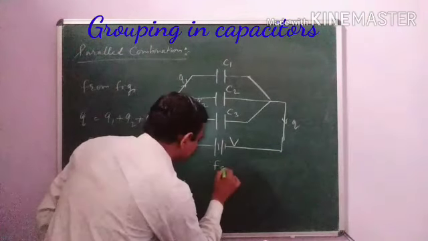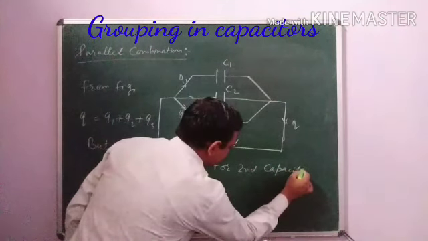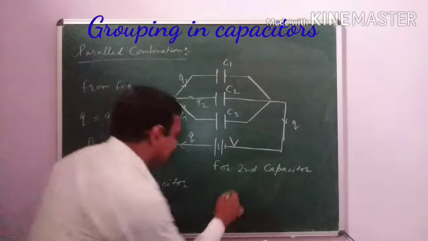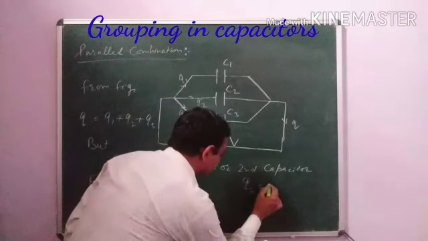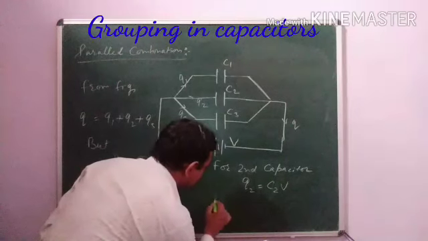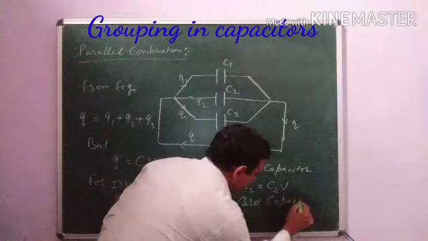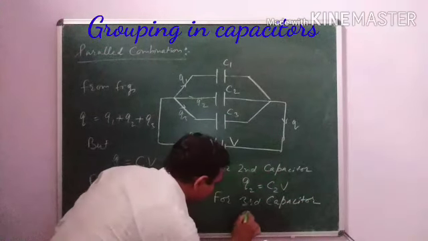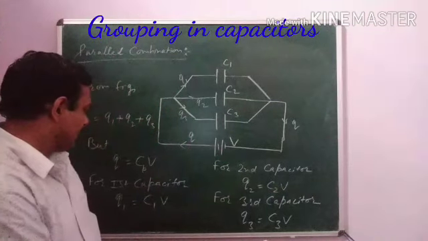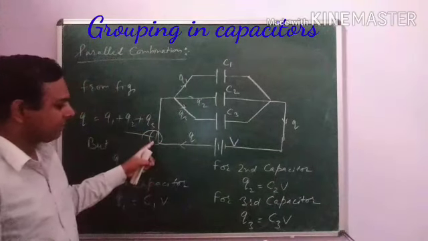Similarly, for the second capacitor, we can write Q2 is equal to C2V. And similarly for the third capacitor, Q3 is equal to C3V. Suppose this is equation number first.